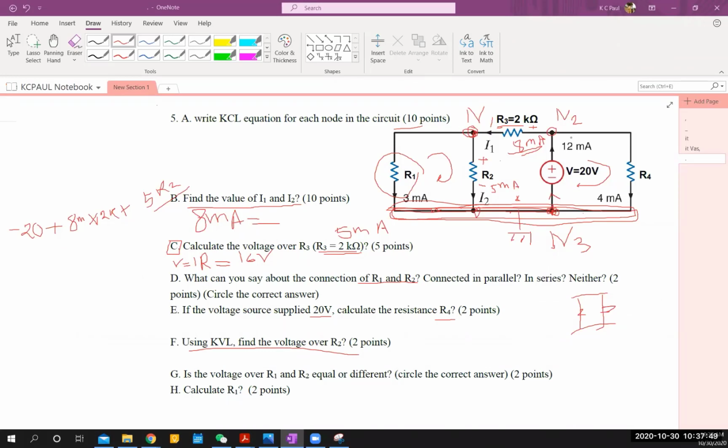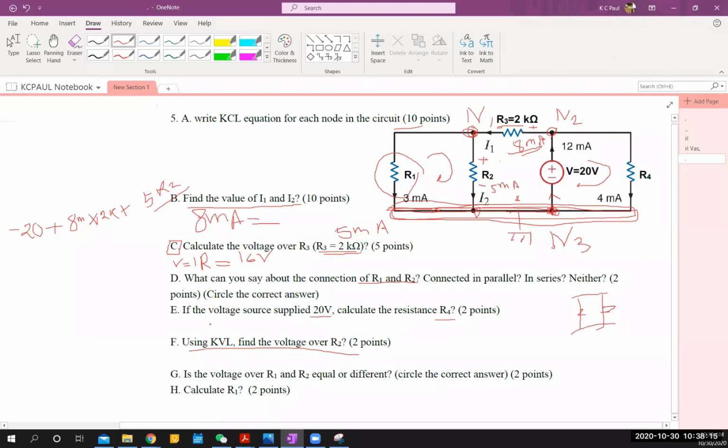These two elements are connected in parallel because between node 2 and node 3, these two elements are connected in parallel. That means whatever voltage you face across node 2 and node 3, that same voltage is applied across R4.